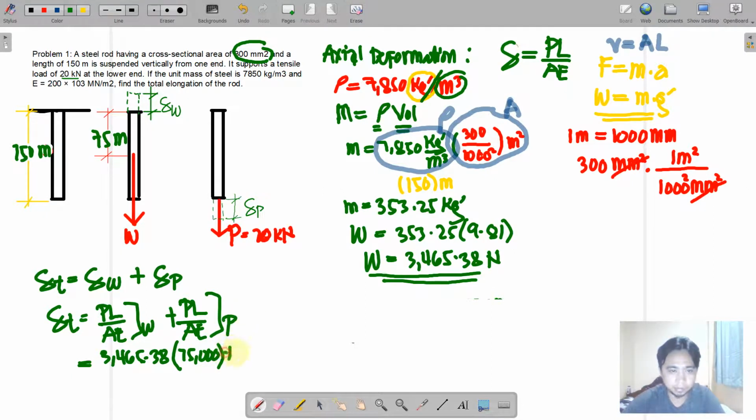plus pull due to 20,000, okay, times the length. We have the entire length, okay.